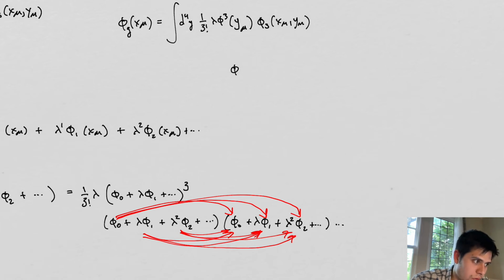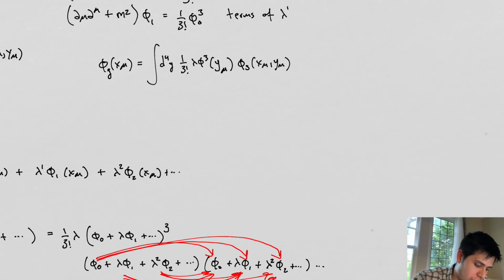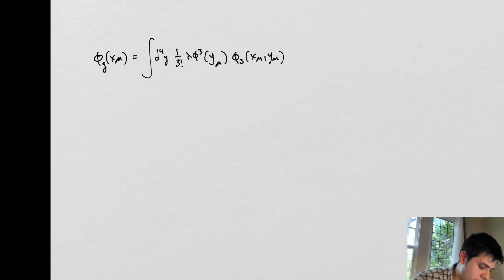So phi 1 of x mu is going to be, here, I'll actually write this out explicitly. I will go ahead and copy this, so select, copy, and let's go to a new page, and then paste.